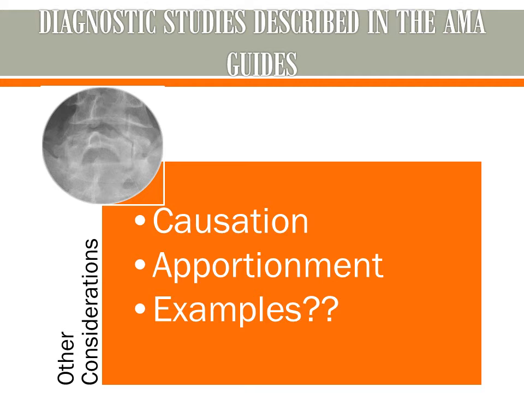Make sure that the views of x-rays that you're getting or the type of MRI that you're ordering is exactly what is required for the determination that you're after. For example, as I mentioned earlier, the analysis of carpal instability requires very specific X-ray views of the wrist to be obtained, and those are described in the guides.